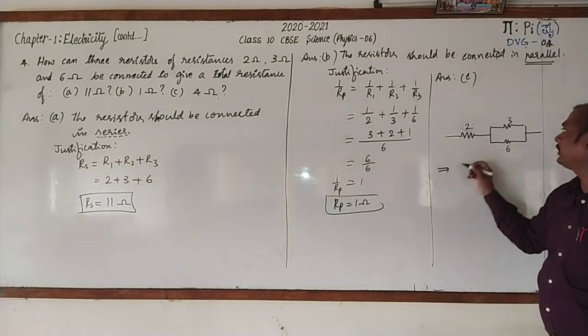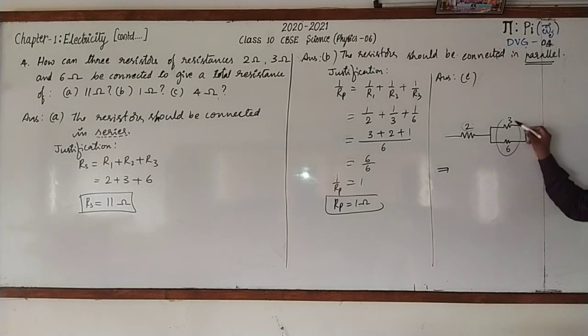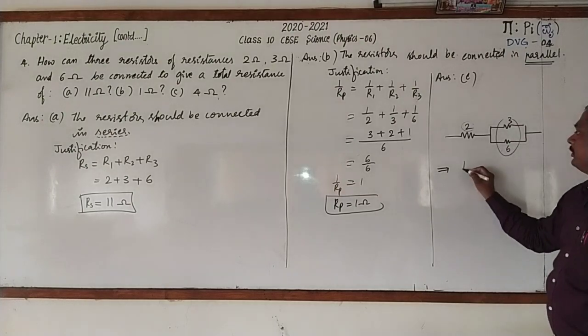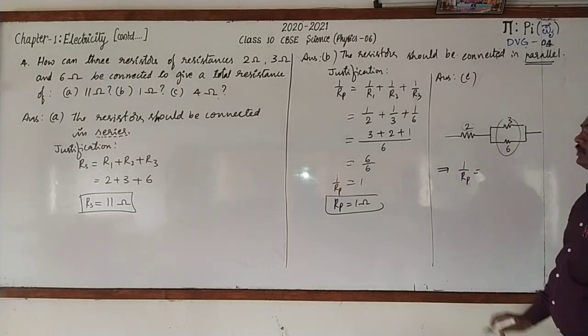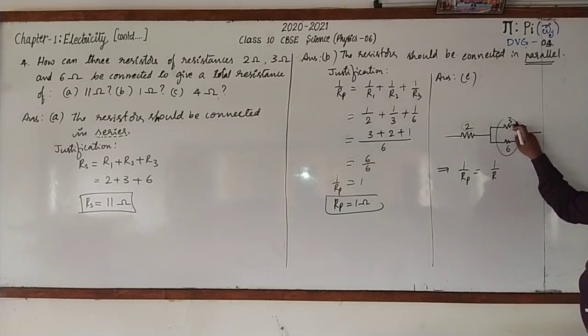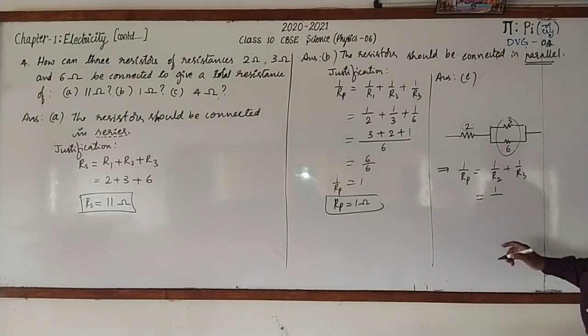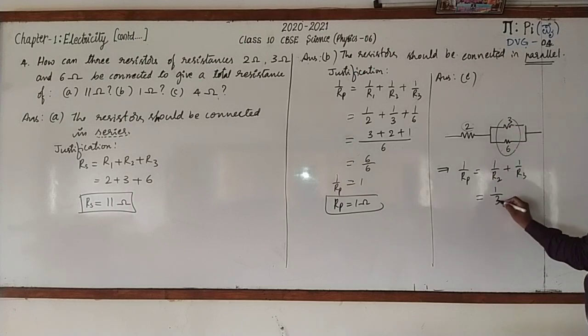Now I go for connecting 3 and 6 in parallel. Let us find out the value of this. So 1 by Rp is equal to 1 by R2 plus 1 by R3. It is equal to 1 by, what is R2? 3. 1 by R3, 6.